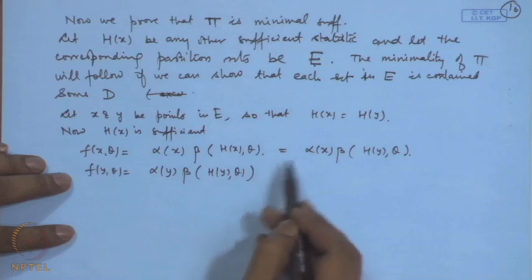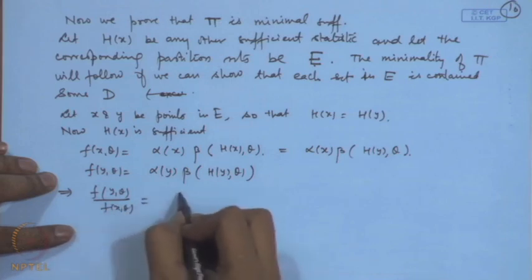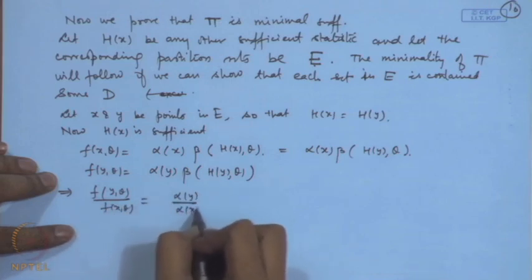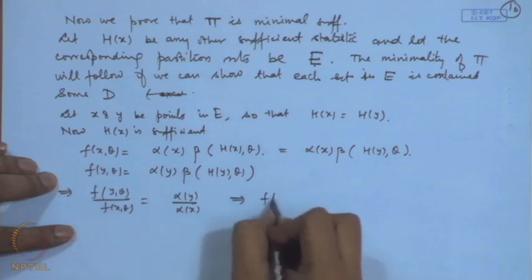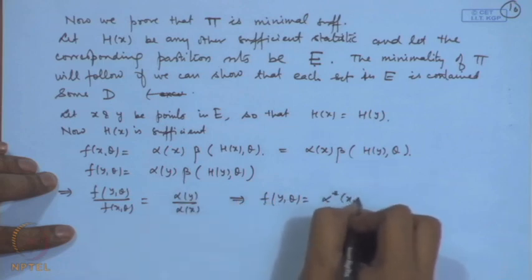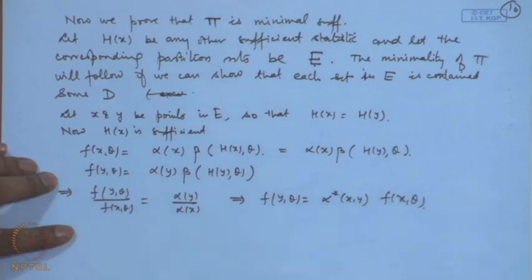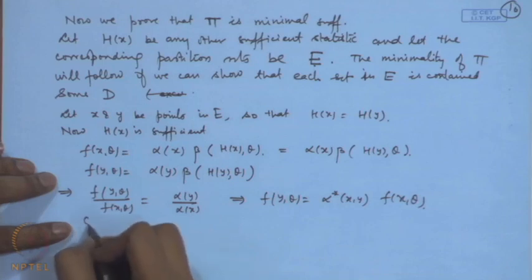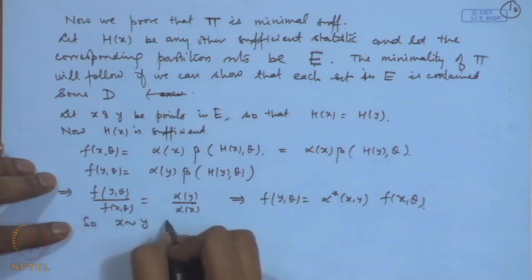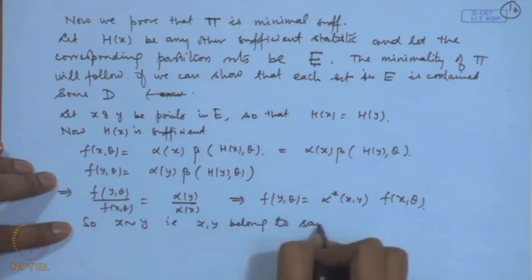So, if I take the ratio here, we get f(y, theta) by f(x, theta) is equal to alpha(y) by alpha(x). That means, we can say f(y, theta) is equal to a function of x, y into f(x, theta). So, x is equivalent to y, that is x, y belong to same D.